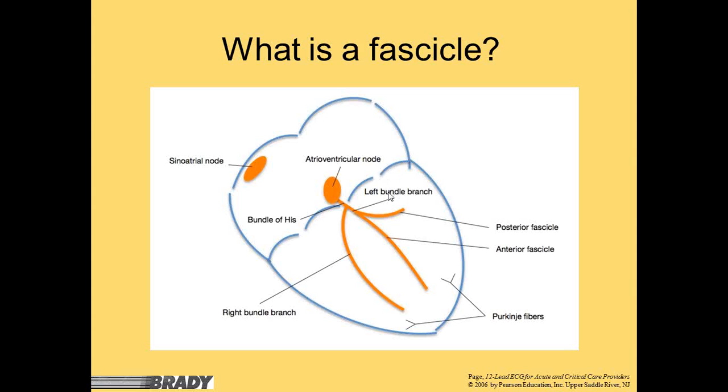Okay, the left posterior is broader and shorter than the right, and so it reaches those muscles quicker.